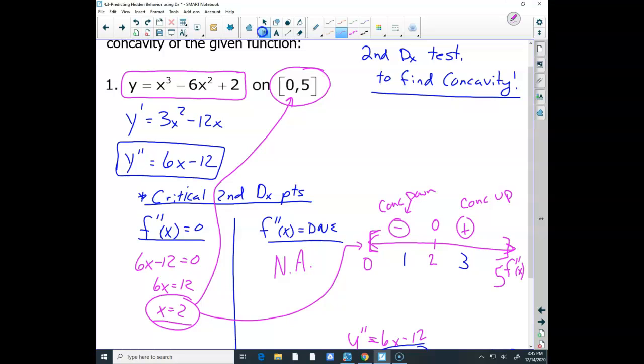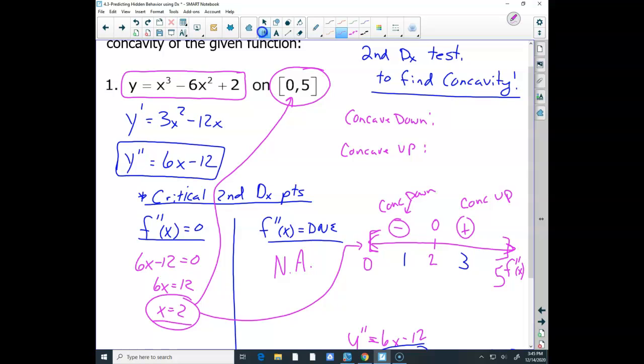That would be 5 because I'm only testing between there. So I would state my concavity to be where? Well, I'm concave down, and I'm concave up, where, you can call that CD and CU if you want, doesn't really matter.